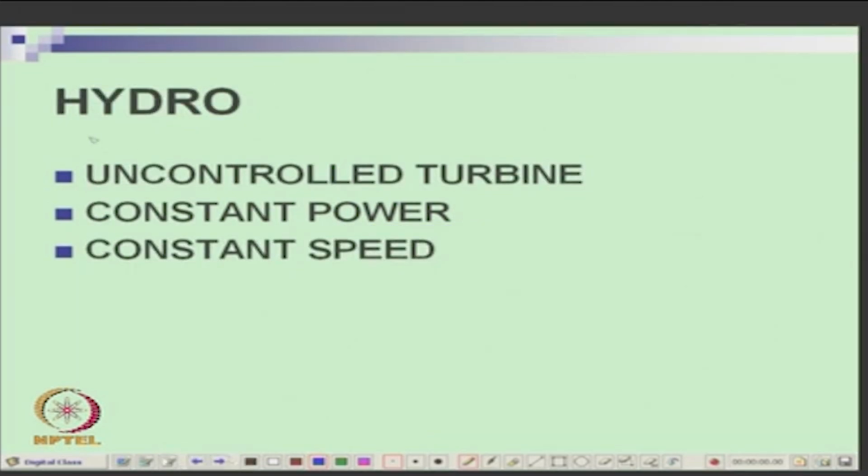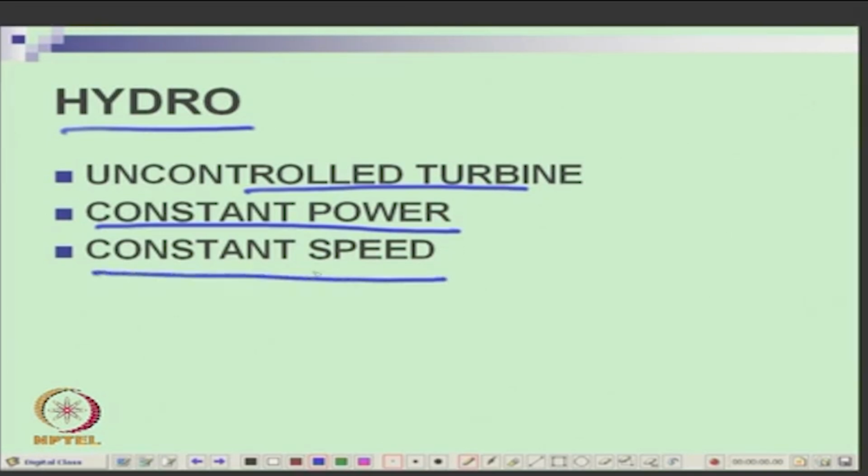Hydro, an uncontrolled turbine, gives constant power. So, hydro is constant power. There is 10 kilowatts always available to you, you must use 10 kilowatts, otherwise you have to burn it somewhere. And it is nearly constant speed. So, the prime mover characteristic is different here also.